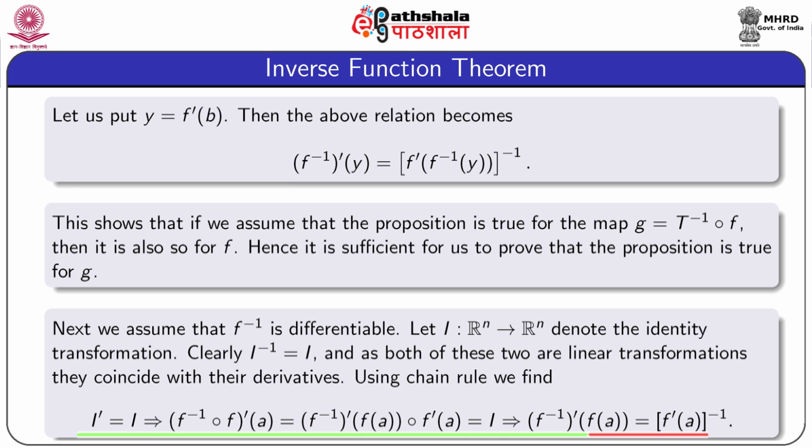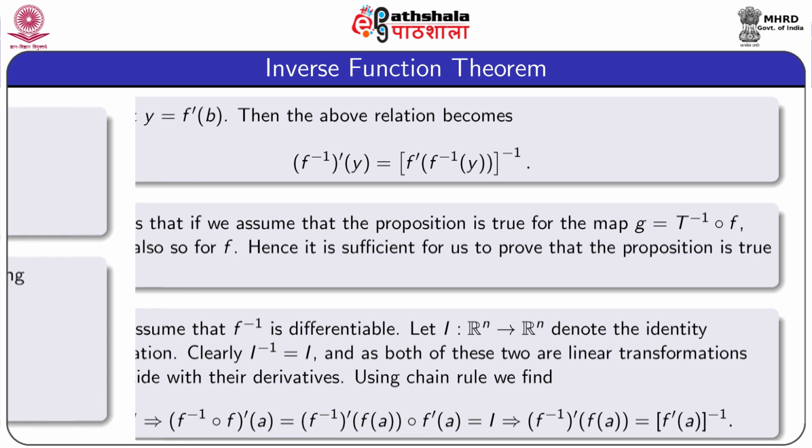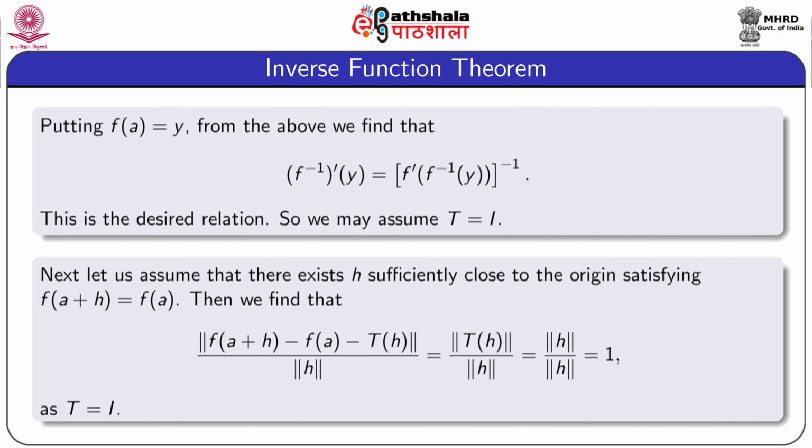So, this means F inverse dash at F A equals inverse of F dash A. In the above, we again put F A equal to Y. So, we find that derivative of F inverse at Y equals inverse of F dash at F inverse Y. This is the desired relation. So, without loss of generality, we may assume that T is equal to I.